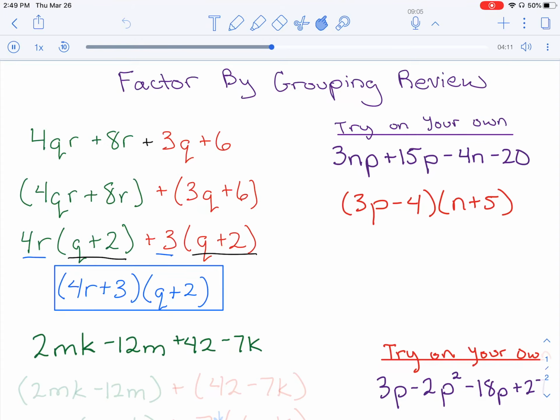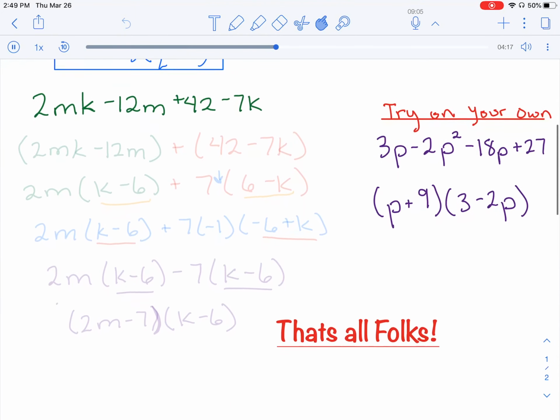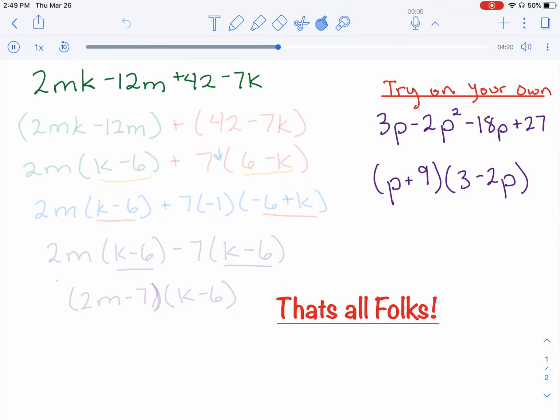All right, so the next portion that we're going to look at is what if we are to factor by grouping, but we also have to utilize the additive inverse property as well. And so for this one, we have 2mk minus 12m plus 42 minus 7k. All right, and so we're having to work with this one. So to begin, I'm going to go ahead and group the first 2 terms together, and then I'll group, different color, red, the second 2 terms together.